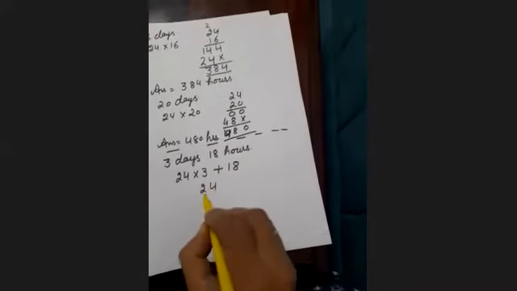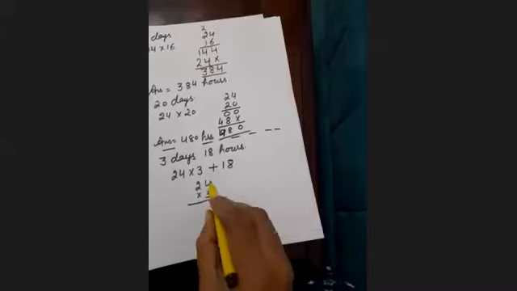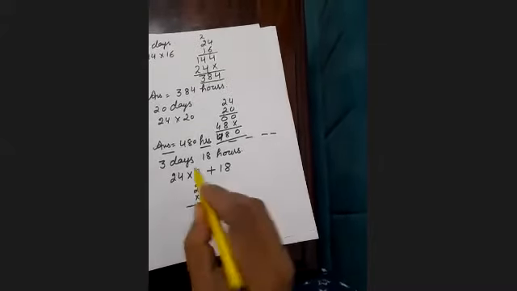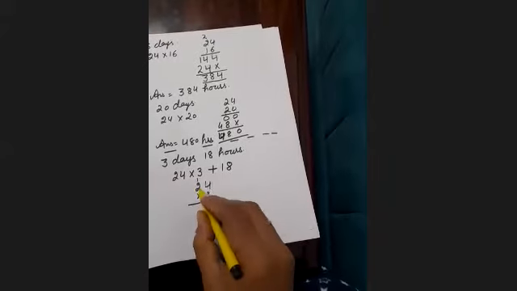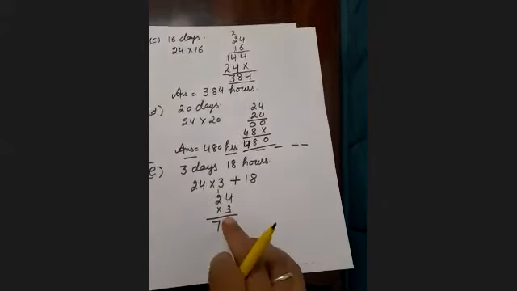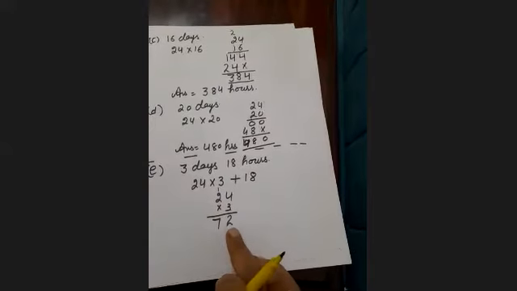24 multiplied by 3. 3 multiplied by 4 is 12. We'll write 2 here and 1 carry over. 3 2s are 6 plus 1, 7. When we convert 3 days into hours, we'll get 72 hours.